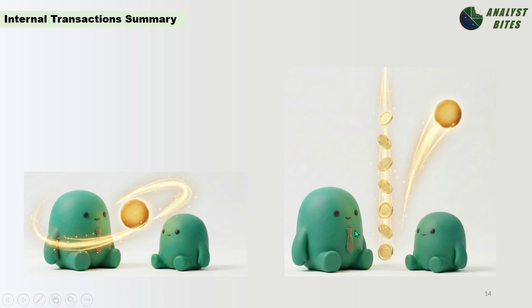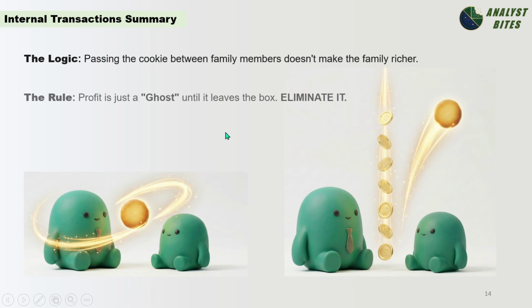Look to the right. Only when the cookie breaks orbit and hits the external market does it transform into gold. So remember this rule. If it's unrealized, eliminate the profit. Once it's sold to the outside world, add it back. This is the key to get your timing right.